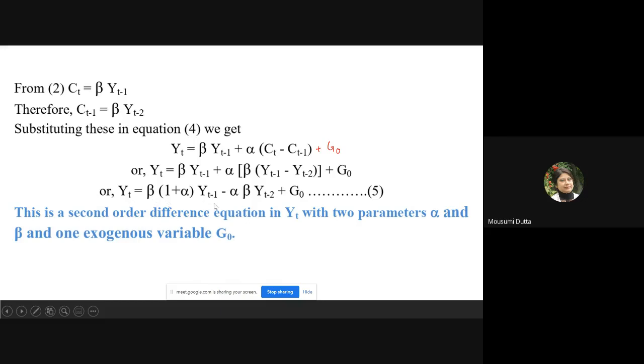If you find Yt minus 1 common, you are getting this term. So the rest of the things are there: minus alpha beta Yt minus 2 plus g naught. This is equation number 5.